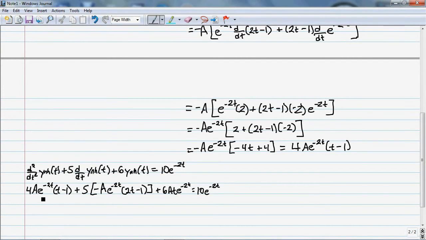Okay, now we can simplify, and we can cancel out the exponentials. And we can distribute the other terms.